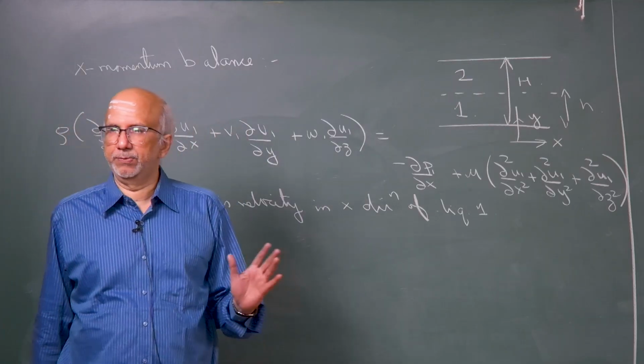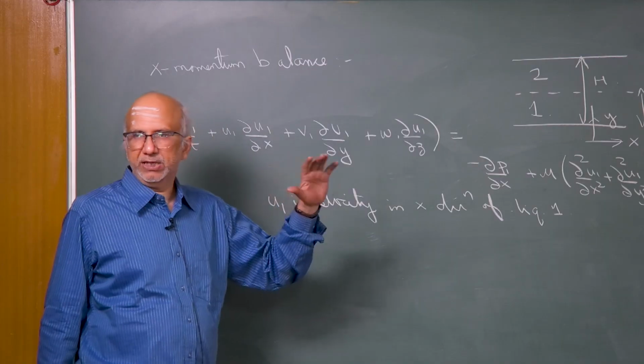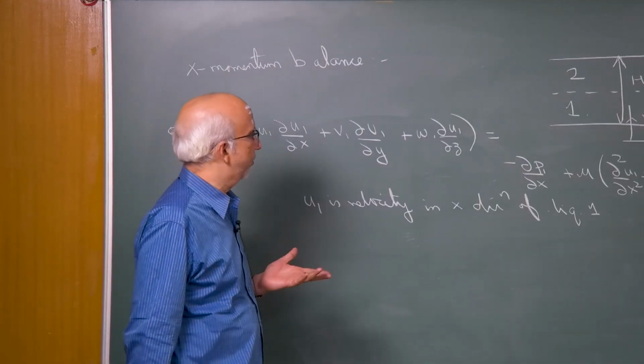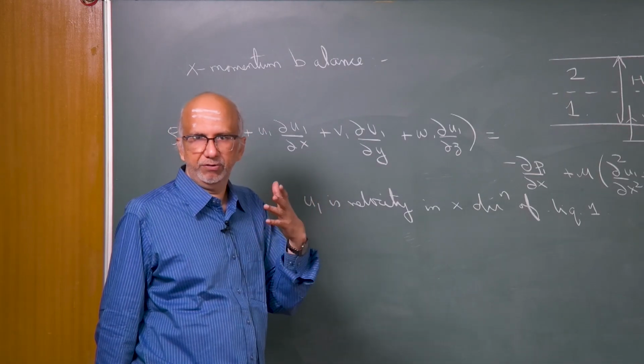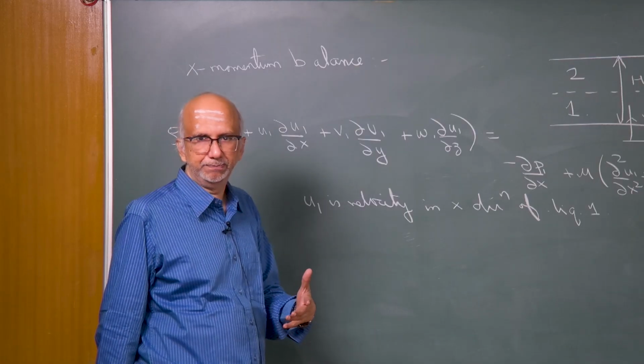So, what we want to do is see if we can simplify this equation. How can we go about simplifying it? By using some of the information we already have, some of the assumptions we have already made.